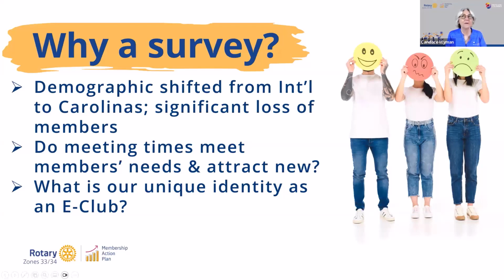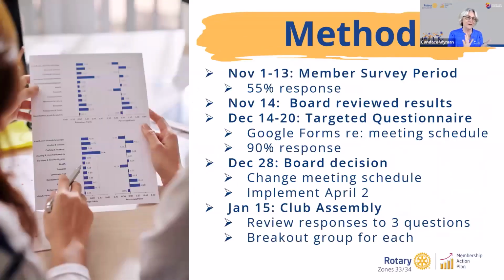But the meeting time was the primary concern or point of discussion that people wanted to pursue. So that is the why. And one other why was, with all these 300 E-Clubs around the world, what makes us unique, and why are we different, or why should we be attractive to people who are seeking a more virtual environment?